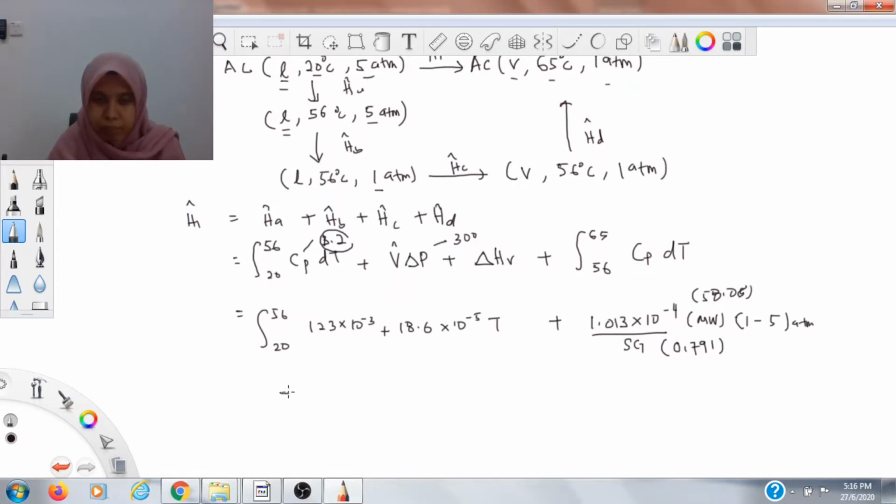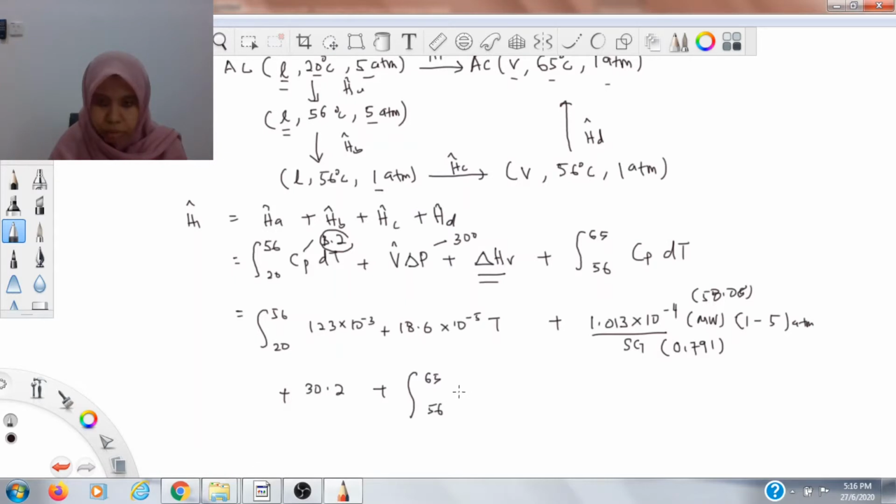Next, for HC, which is the heat of vaporization. If you look at table B1, you can obtain the value, which is 30.2 for acetone. Next, HD. HD again is the integral of CP dT from 56 to 65. Remember, at this stage the acetone is vapor, not liquid like the first one. So make sure you refer to the right row for vapor acetone.